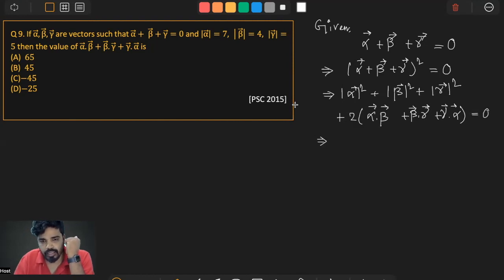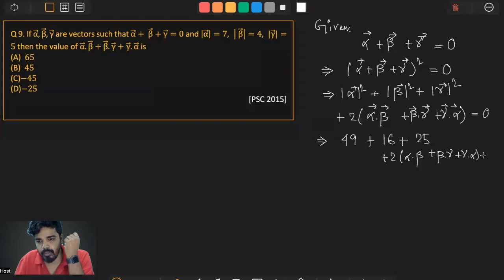Alpha is 7, 7 square is 49, plus modulus beta, 4 square, 16, plus 5 square, that is 25, plus 2 into (alpha dot beta plus beta dot gamma plus gamma dot alpha) equal to 0.